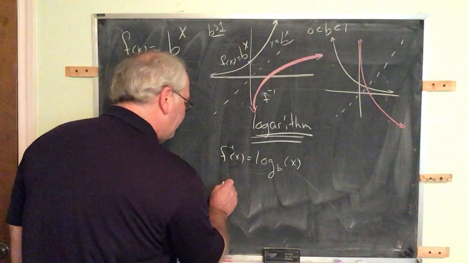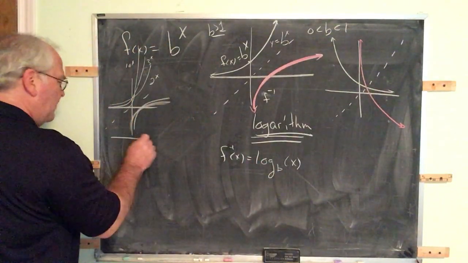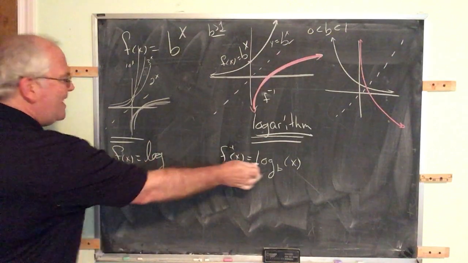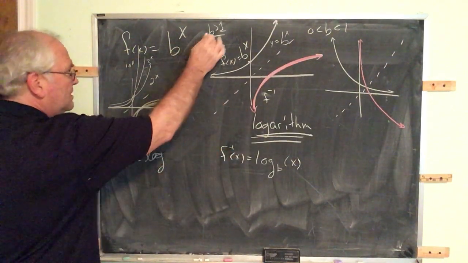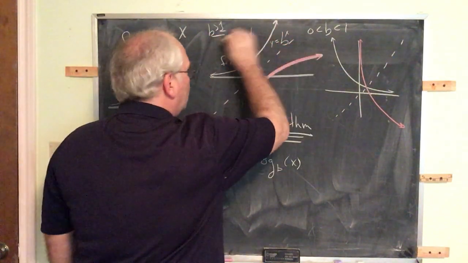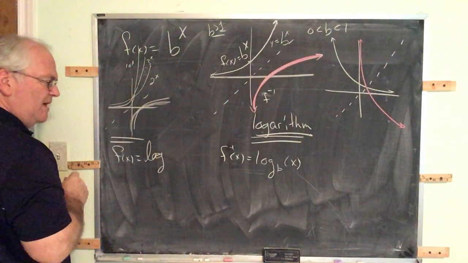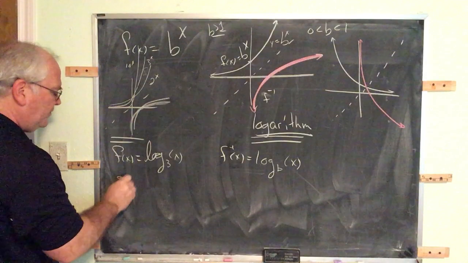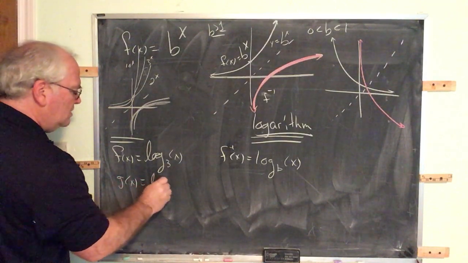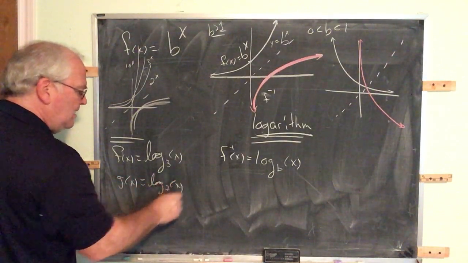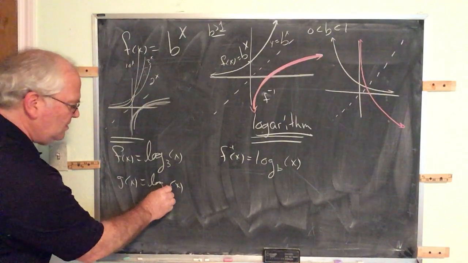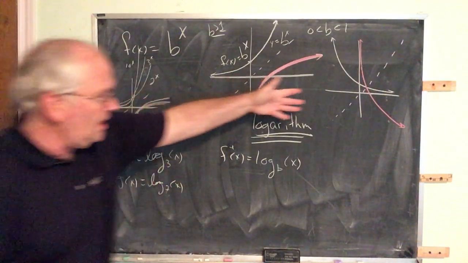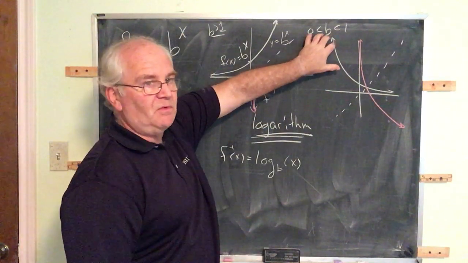So you may have several different functions. You could have f of x is equal to log base any b that is viable, that is bigger than 0 and not 1. So you can have log base 3 of x, or you could have log base 7 of x. You can have any base you desire so long as the base is bigger than 0 and not 1. You could, in this scenario, choose a value between 0 and 1.